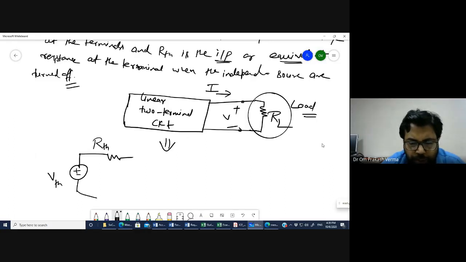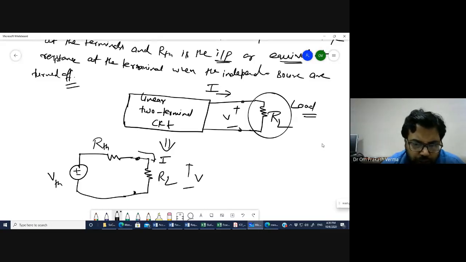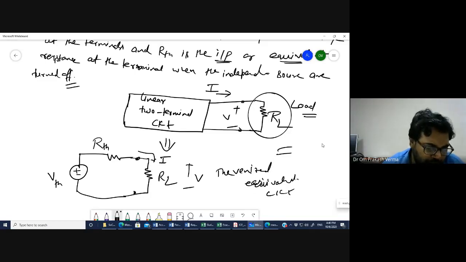Both you have to place in series, and then you have to connect one RL, that is the load resistance. Finally you have to calculate I and the total voltage V. So this is your Thevenin equivalent circuit, and this is your main circuit.